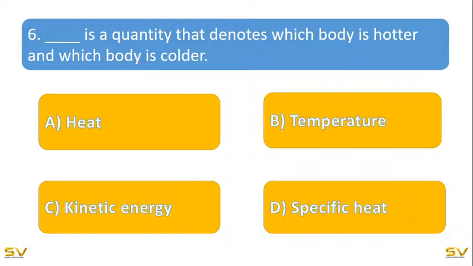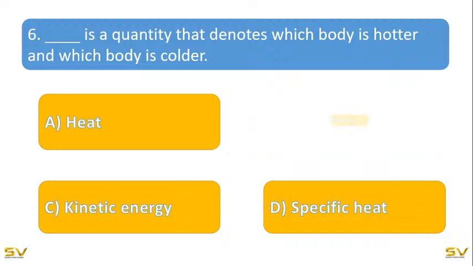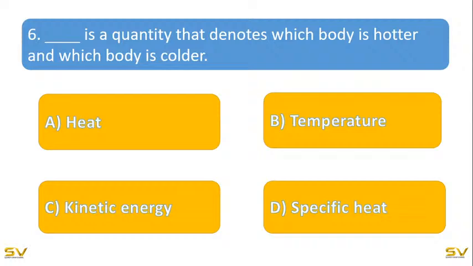Quantity that denotes which body is hotter and which body is cooler. Yes, I got an answer from Sai Lakshmi. Yes, Rihan, Jyotika, Aisha, very good. Now the answer, yes, it is correct.